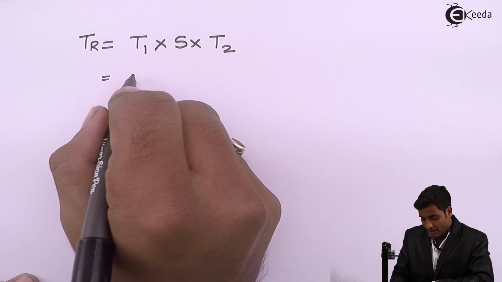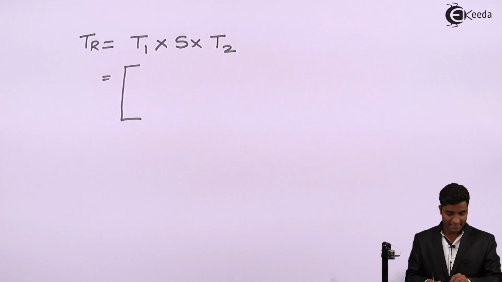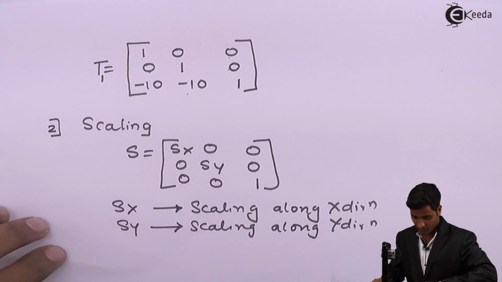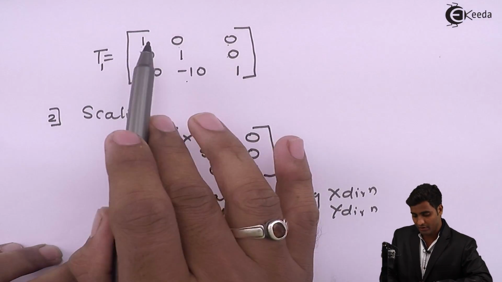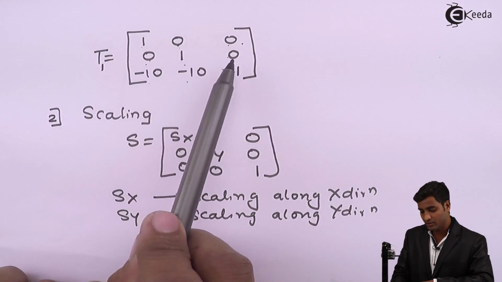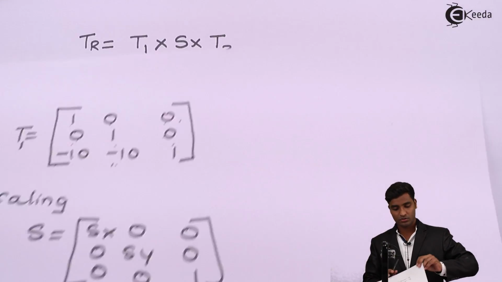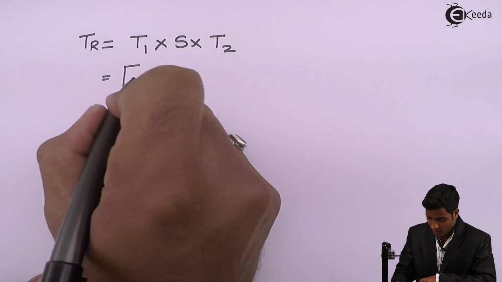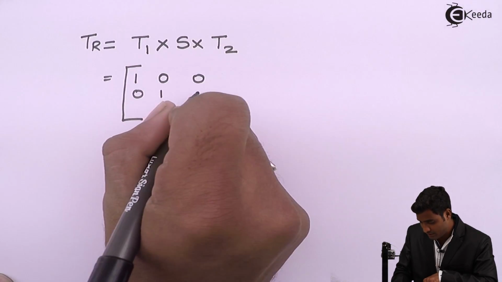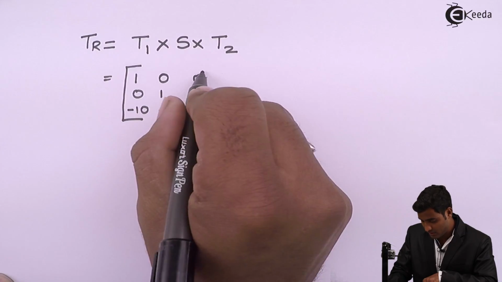So now I will copy down the matrix for T1. The matrix for T1 was 1 0 0, 0 1 0, -10 -10 1.